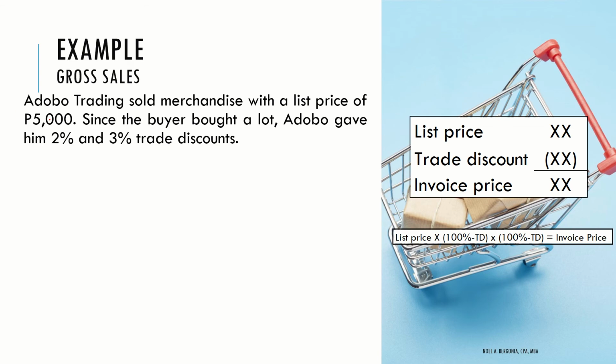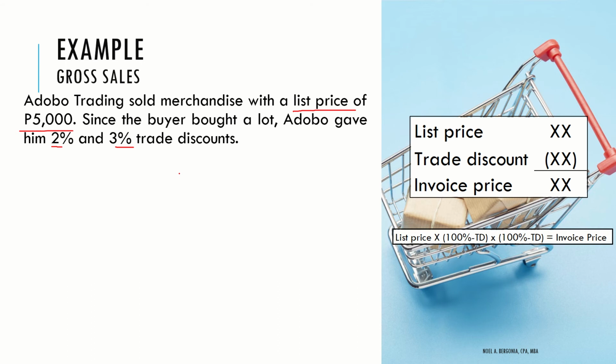Okay, so to give you an example regarding our gross sales after considering the trade discount. So let's have Adobo Trading, which sold merchandise at a list price of 5,000. Take note, list price is 5,000. Since the buyer bought a lot, Adobo gave him 2% and 3% trade discounts. So nangyari, binigyan ng series of trade discounts, so dalawa.